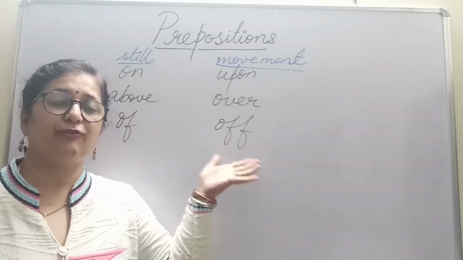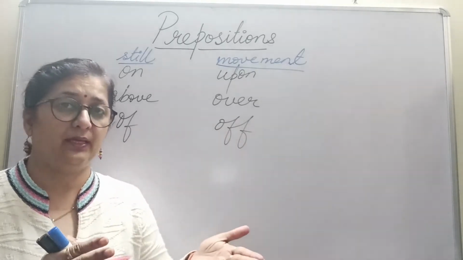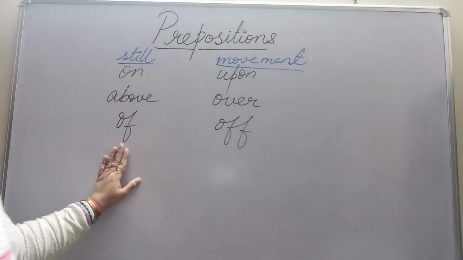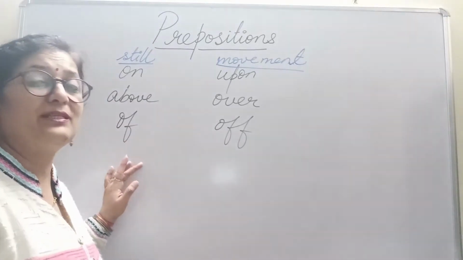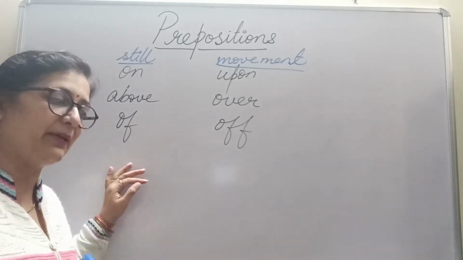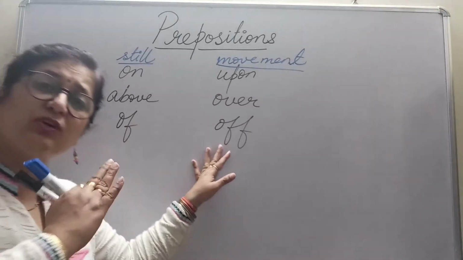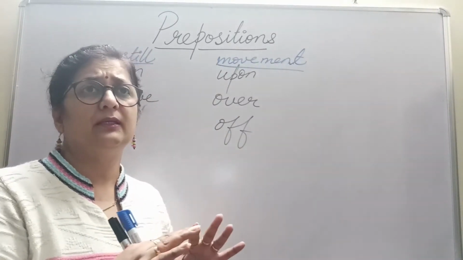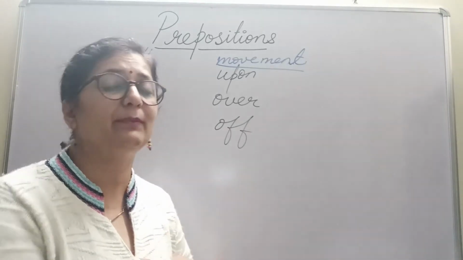How frequently do we get confused with this one? Well, off is when we are talking about something being detached, moved away. Whereas of is when we talk about something's origin, it is made of something, material is used. This pencil is made of lead. But when we talk about something detaching, moving away, the boy fell off the bicycle.